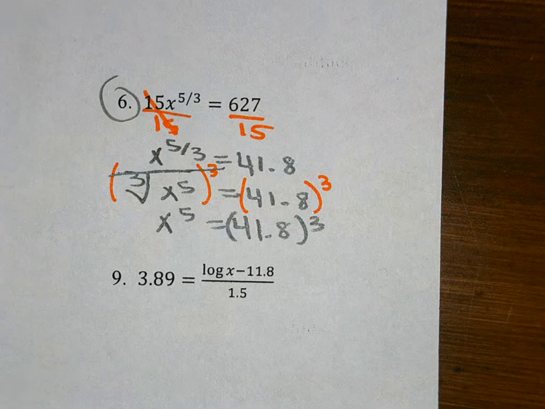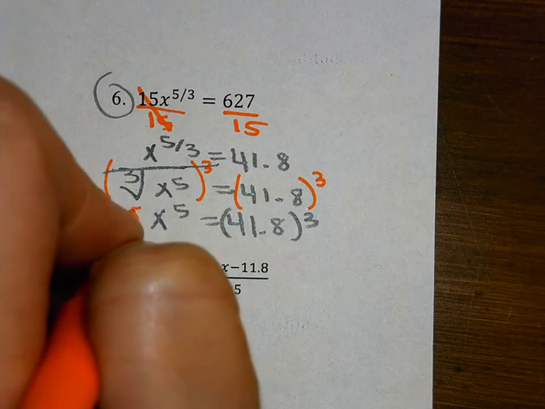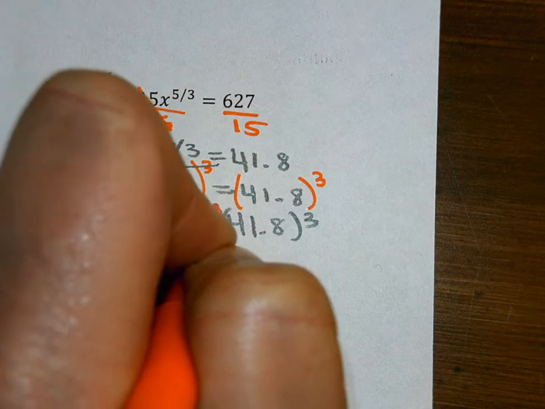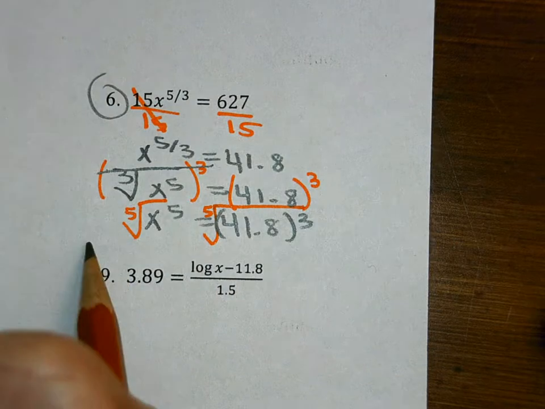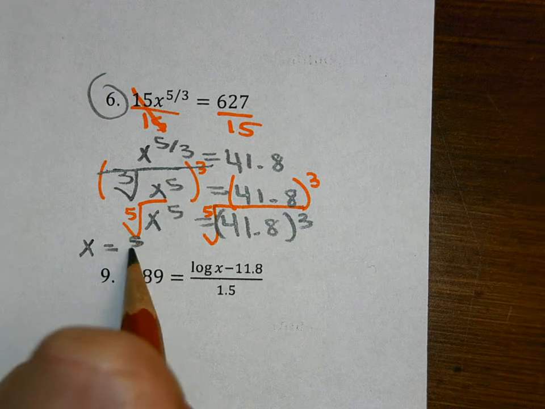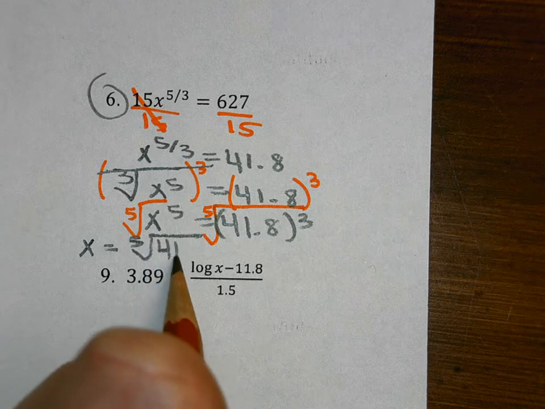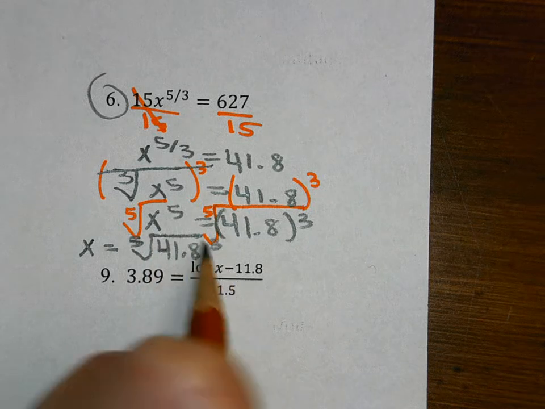And then to get rid of the power of 5, I want to take the fifth root. So then x would be equal to the fifth root of 41.8 cubed.